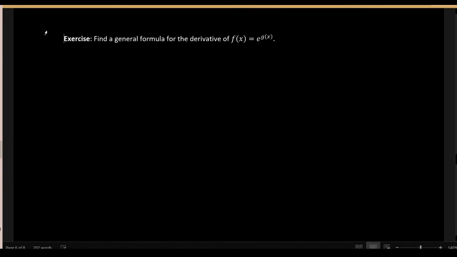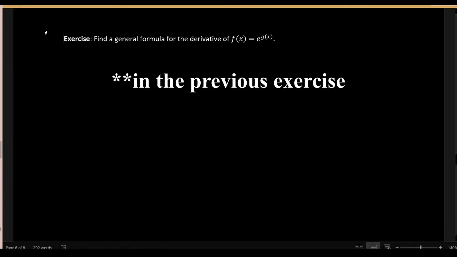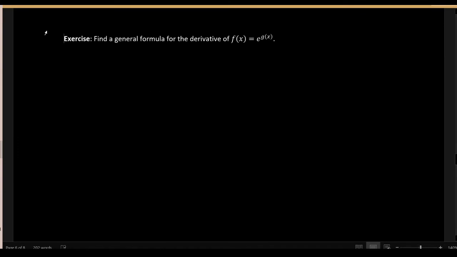Now this situation that we saw in the previous video of having an exponential base and then having some function up where x would normally be, this occurs often enough that I think it deserves special separate attention. This is a really common situation, especially if you're planning to take differential equations at any point.